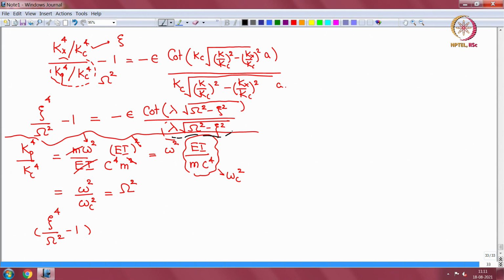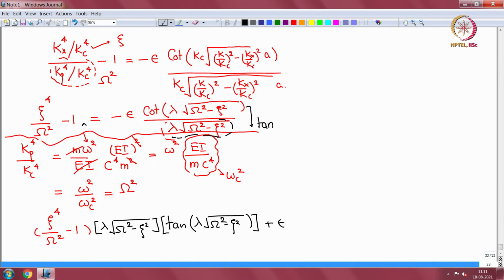I will bring this up to the left. So, then I get lambda square root of omega squared minus xi squared, that is one term. Then the cot, when it comes to the denominator, is tan. This tan I will take up here. So, this becomes tan of lambda square root of omega squared minus xi squared. Okay. And then if I bring the epsilon to the left, I get plus epsilon equal to 0.